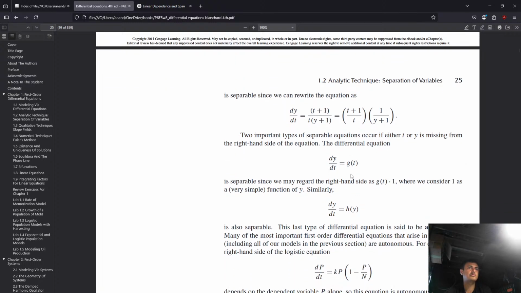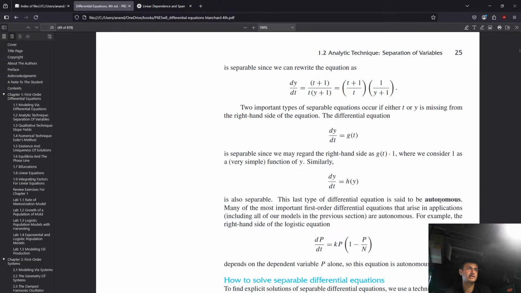So right, and here's the thing where obviously they're separable if they're either autonomous or not dependent on the variable at all. The dependent variable, that is. So let's just read it. Two important types of separable equations occur if either t or y is missing. So that's clearly separable because you can just write f of y as 1 and then it doesn't change anything.